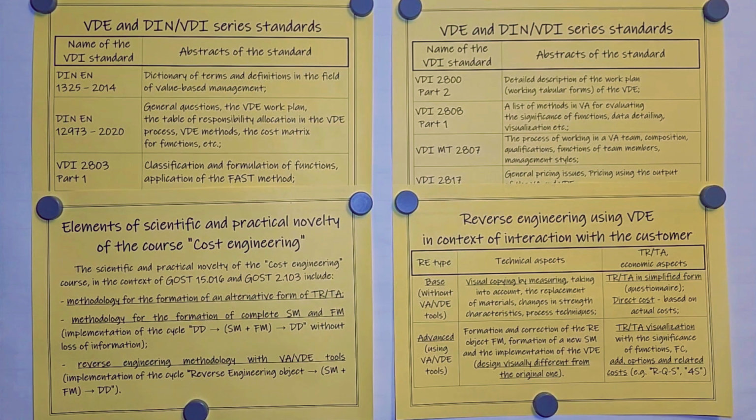If we consider the typical definition of reverse engineering in more detail, it can be noted that the condition which sounds like the development of an object similar to the original in functional composition, but without direct copying, in practice often causes difficulties if considered outside the context of functional cost analysis.